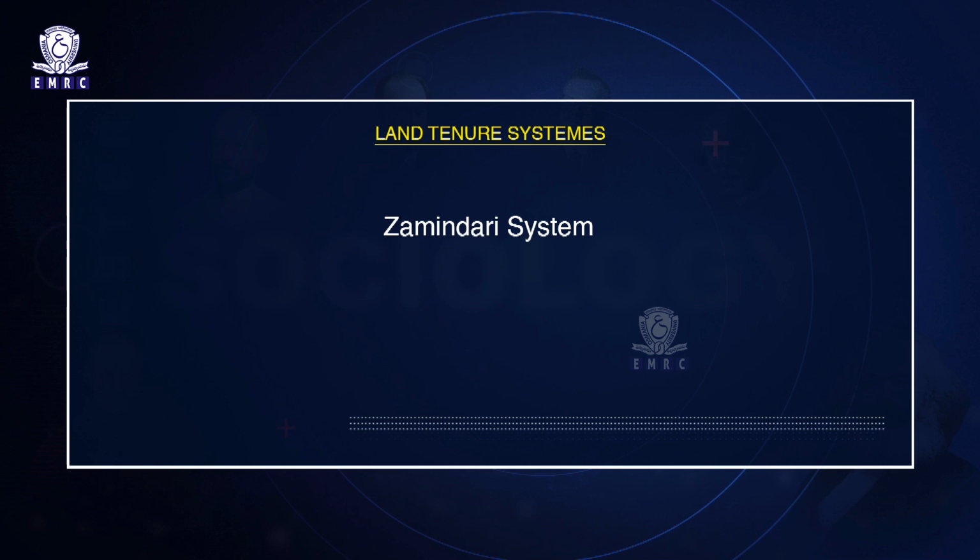Now, let us discuss the systems of land tenure in pre-independent India. At the time of independence, there were three types of land tenure systems prevailing in the country: the Zamindari system, the Mahalwari system and the Ryotwari system. The basic difference in these systems was regarding the mode of payment of land revenue.